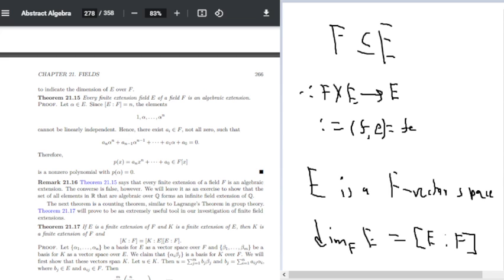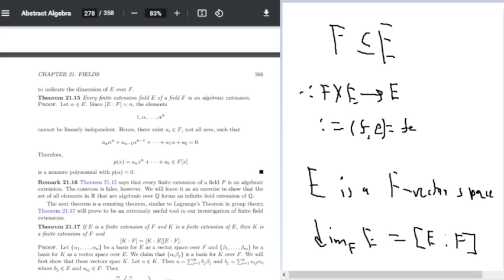Theorem 21.15. Every finite extension field E of a field F is an algebraic extension. Proof. Let alpha be in E. Since [E : F] equals n, the elements 1, alpha, all the way to alpha to the n, cannot be linearly independent. Hence, there exist some a_i in F, not all 0, such that a_n alpha to the n plus a_(n-1) alpha to the n minus 1, plus on and on to plus a_1 alpha plus a_0 is equal to 0.